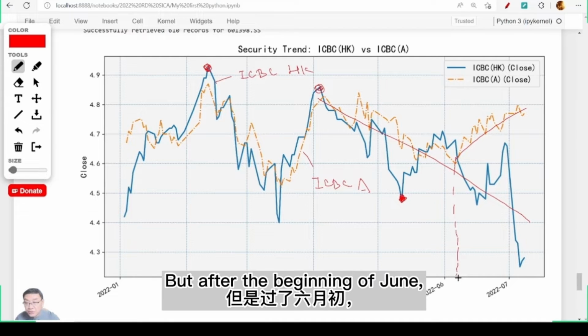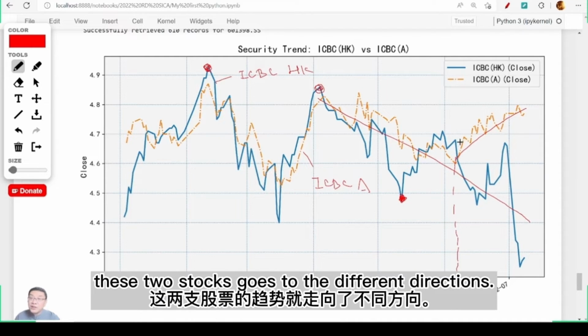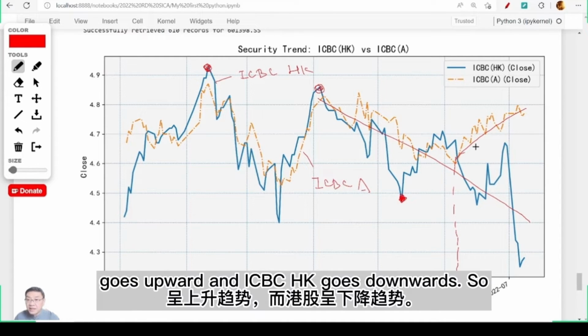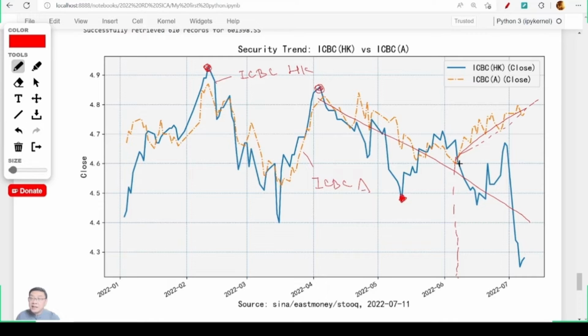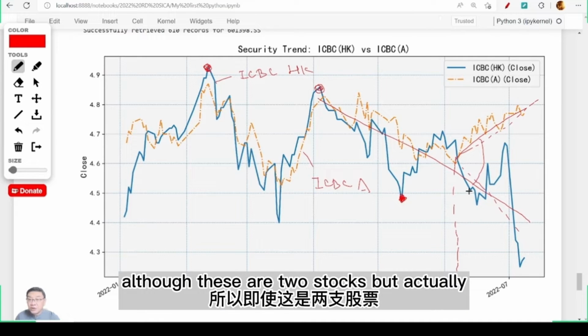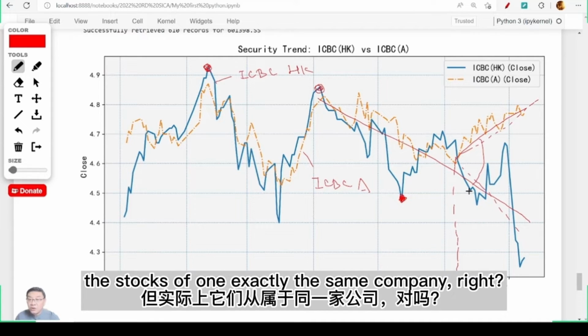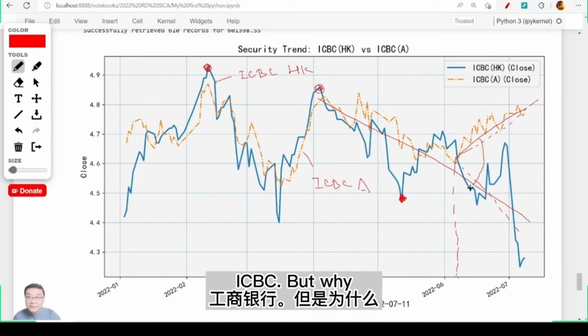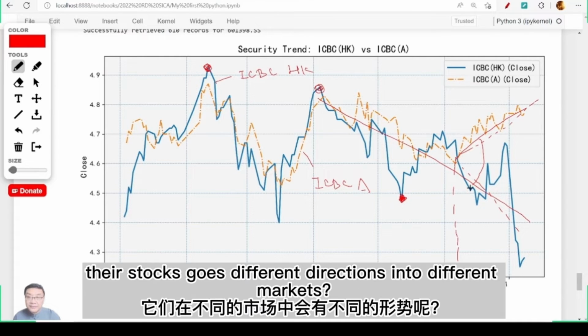But after the beginning of June, these two stocks go in different directions. ICBC A share goes upward and ICBC Hong Kong goes downwards. So although these are two stocks, they are actually the stocks of one and the same company, right? ICBC Bank. But why do their stocks go in different directions in different markets?